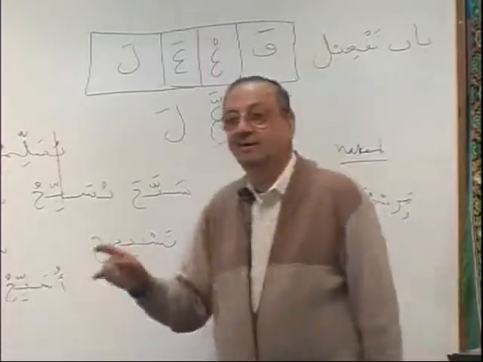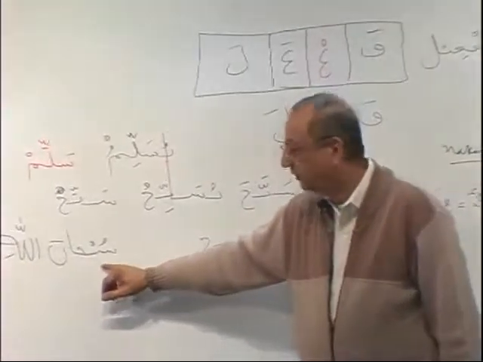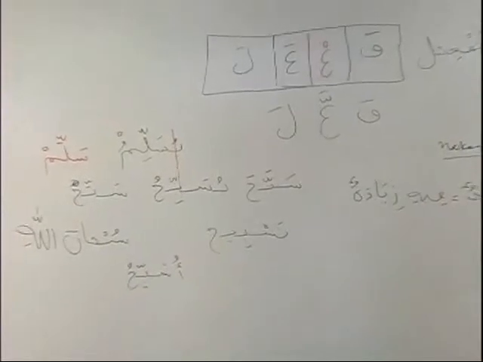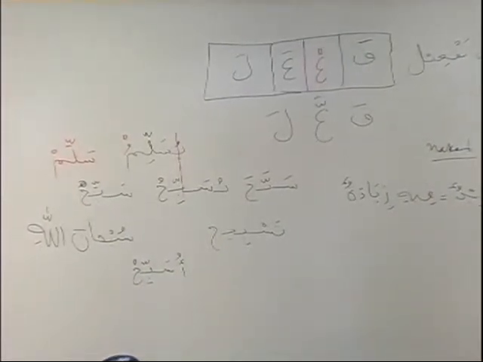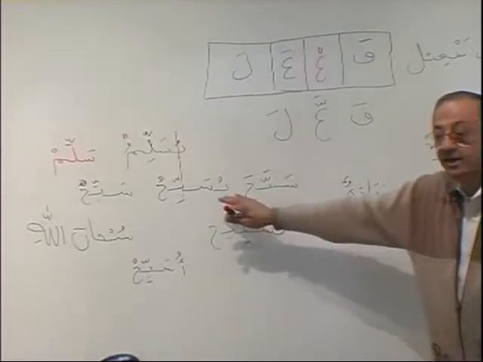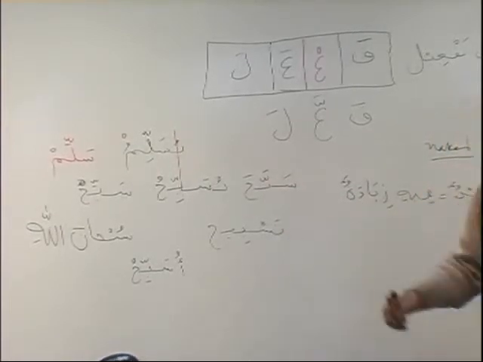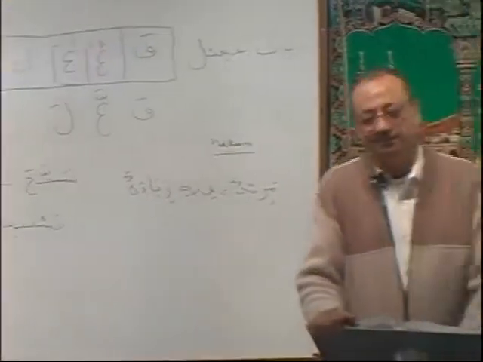Okay, now, there are only two verbs on the pattern of this. Maybe more, but I recall two, brother. Subhanallah, which I explained to you, comes from sabbaha. Sabbaha, subhana. Are you with me? Now, brother, I tell you one more thing.